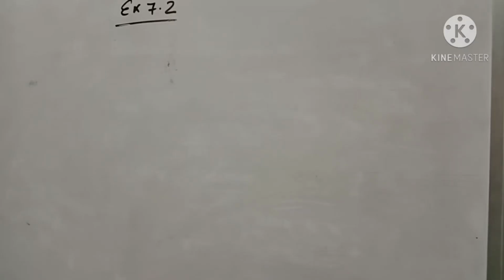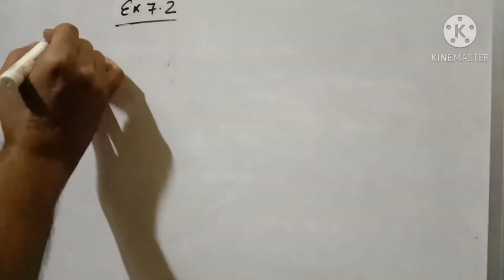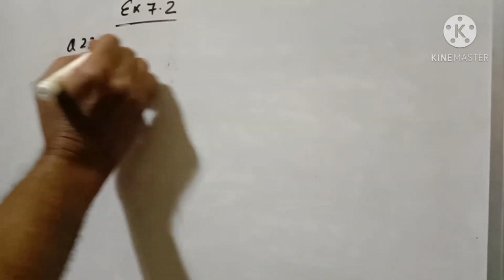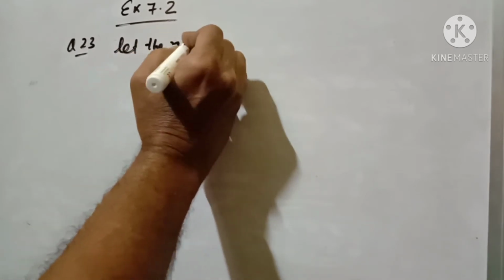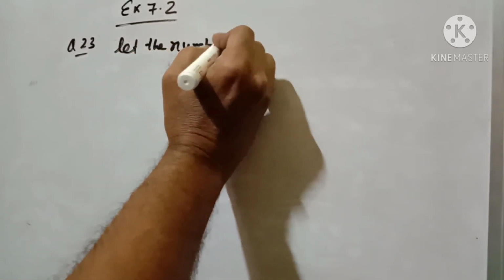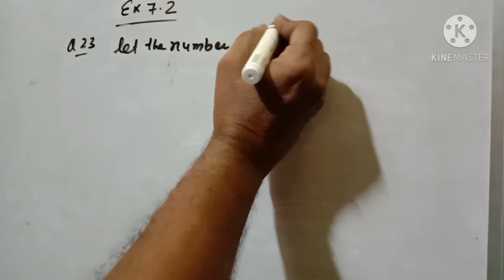Question number 23, it is given, if 15% of 60 is greater than 25% of a number by 3, then find the number. Let the number be x.